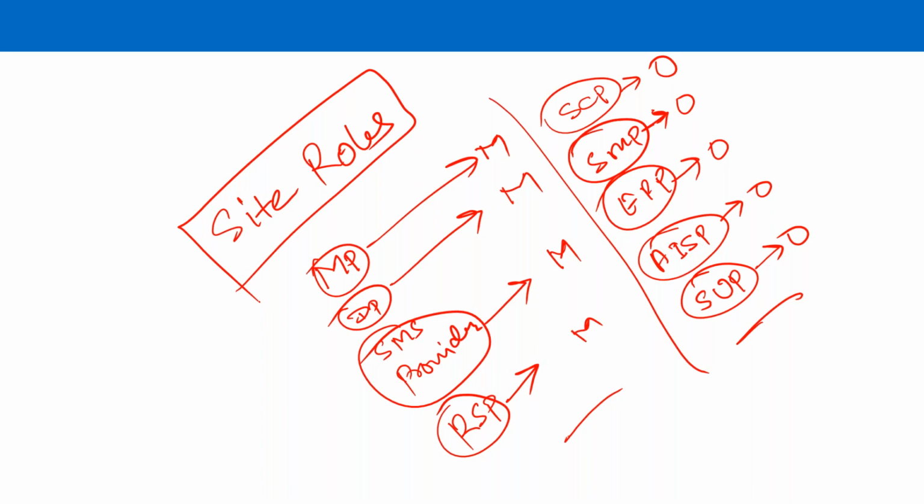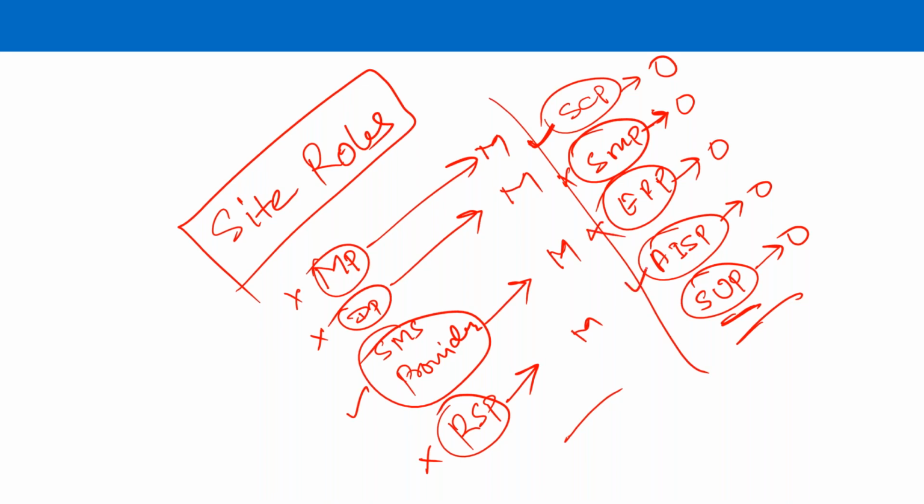Which of these site roles are supported on CAS, and which are installed only on primary and secondary? Good question. Software update point, you can install this on CAS. Management point, you can't. Distribution point, you can't. SMS provider, you can install it on CAS. Reporting services point is not installed on CAS, it's on the database.